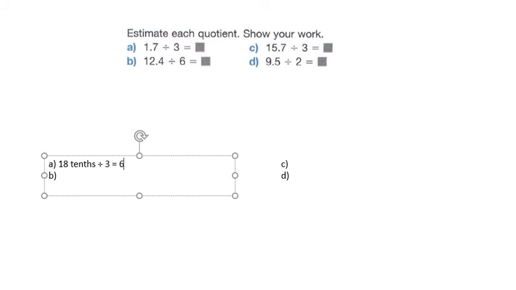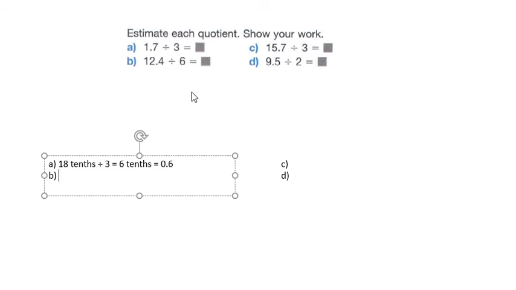So my estimate would be 6. But 6 of what? It's not 6 ones. It would be 6 tenths. And because it's 6 tenths, we could leave it as words, or we could say 0.6. So I know that the calculated answer would be a little bit less than this because I rounded 1.7 up to 1.8.